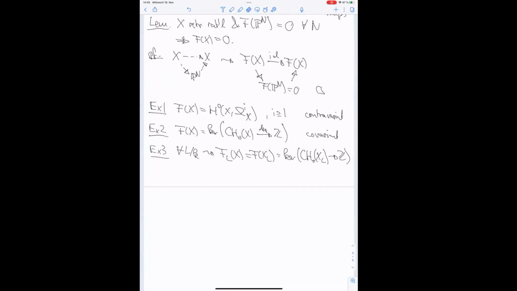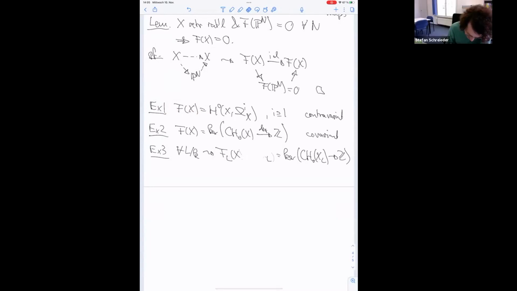Okay, so if you like, I can remove this. I mean, we could do the same thing for the first example, but we wouldn't get anything interesting because the space of forms doesn't change. But this kernel can change. That's why this is really interesting.